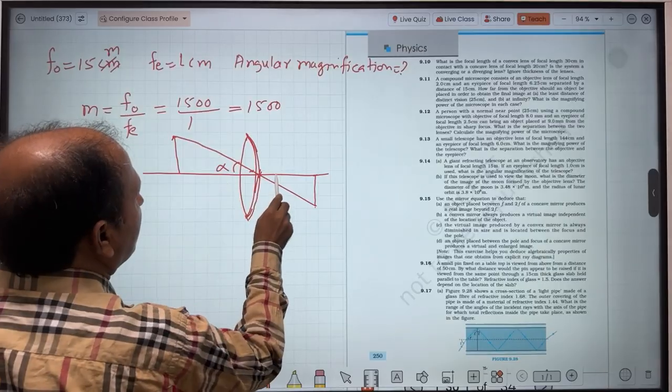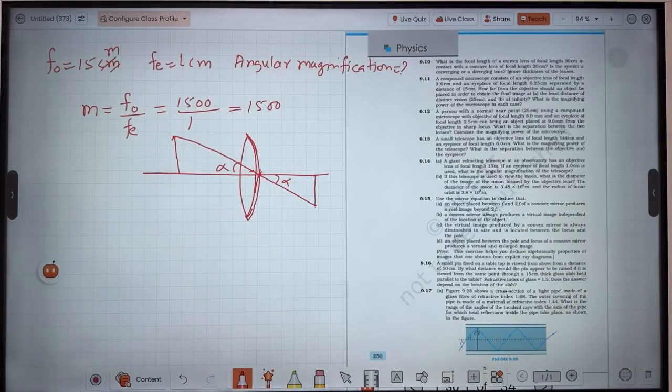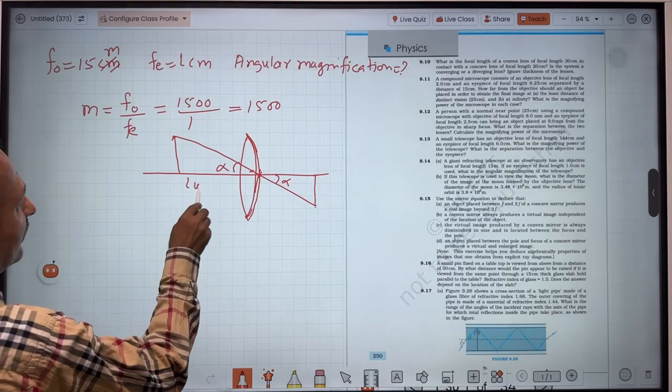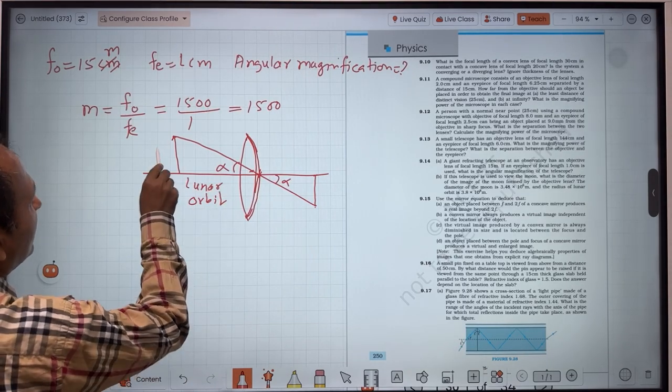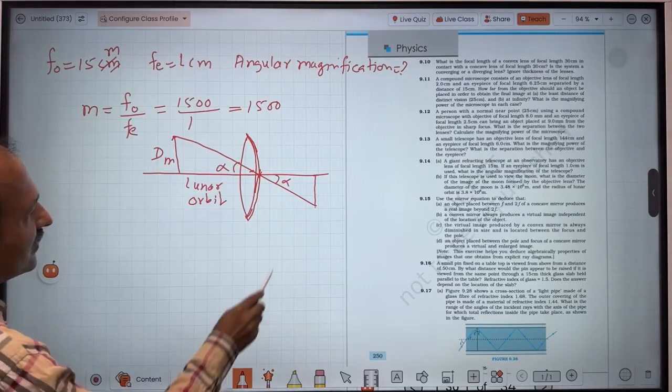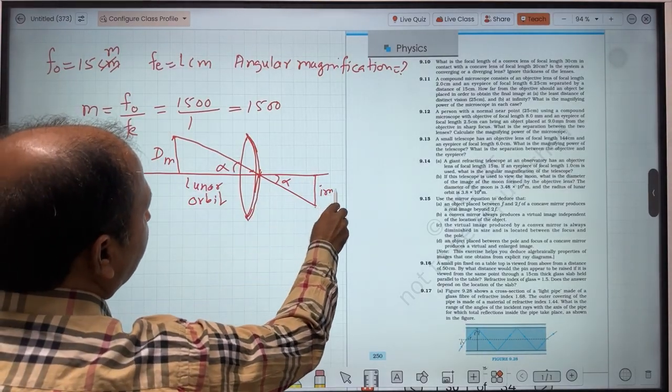This angle is alpha, this angle is also alpha. This is diameter of the moon, and this is length of, say, lunar orbit, and this is diameter of moon. Let's denote it. This is image. This will be image distance.